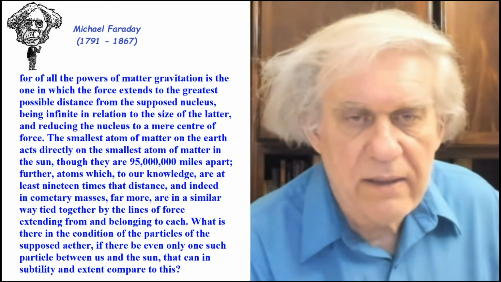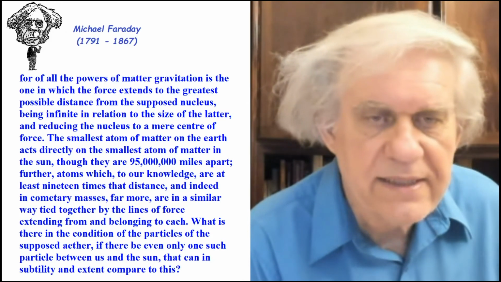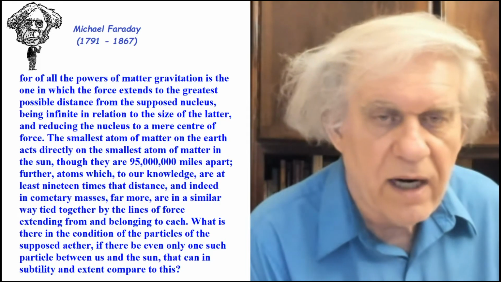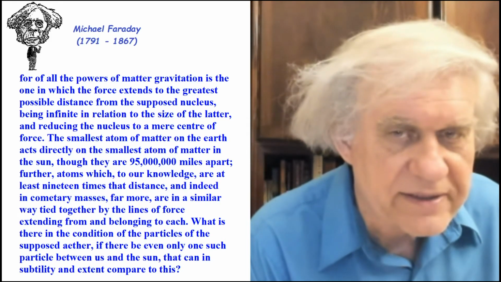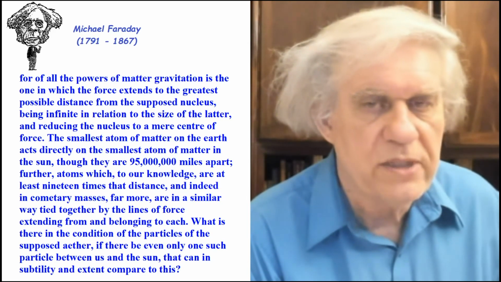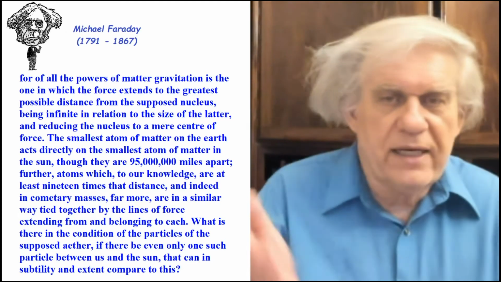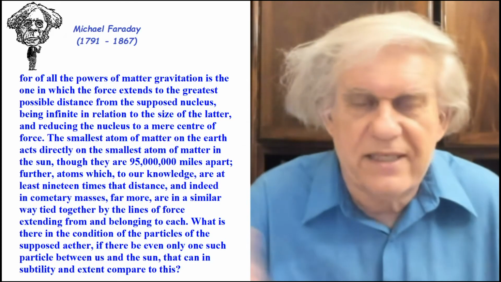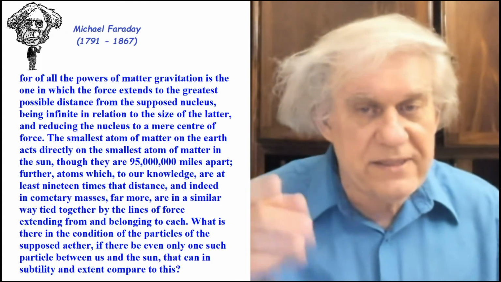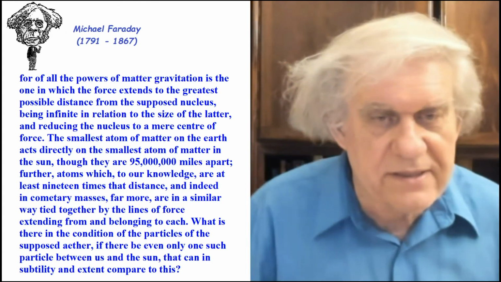Atoms which, to our knowledge, are at least 19 times that distance, and indeed in cometary masses, far more, are in a similar way tied together by the lines of force extending from and belonging to each. So he's talking about lines of force. He doesn't know what they are, but he's saying they're connected by these so-called lines of force, which he said a minute ago, he says there's something physical in that space.